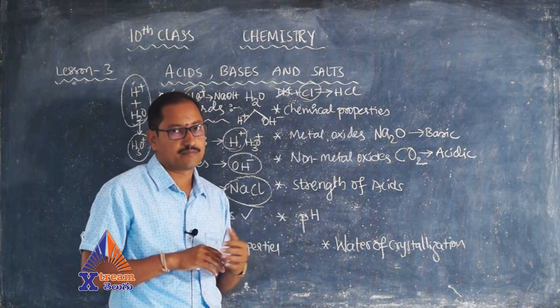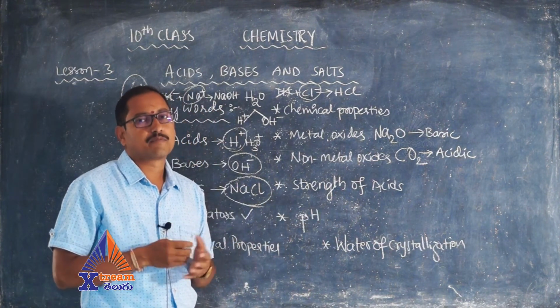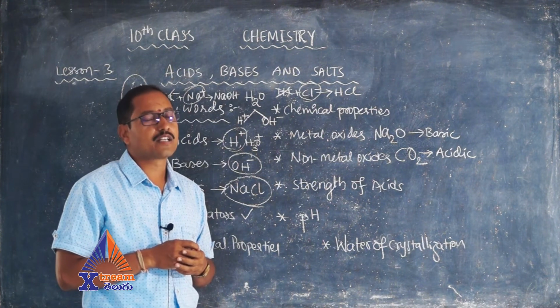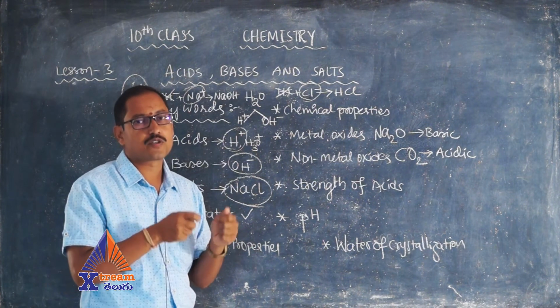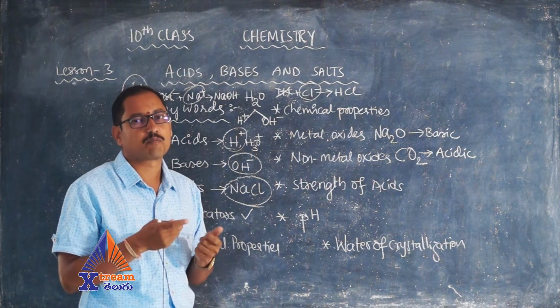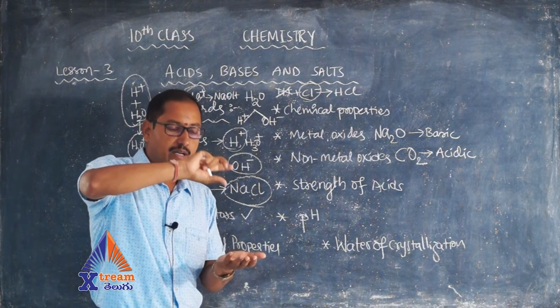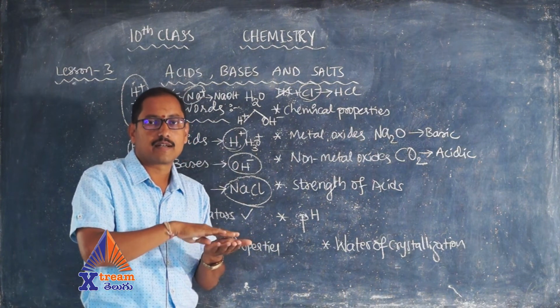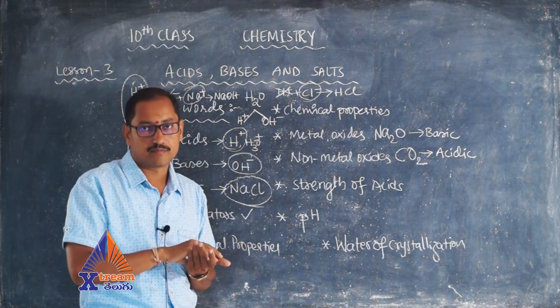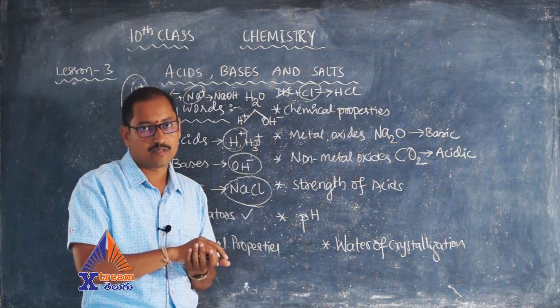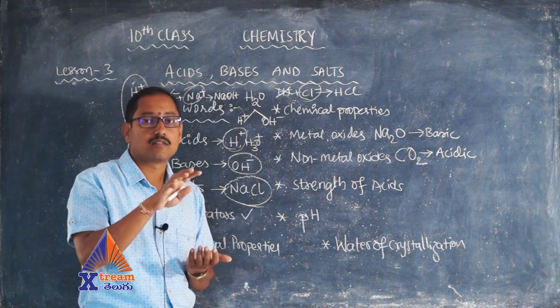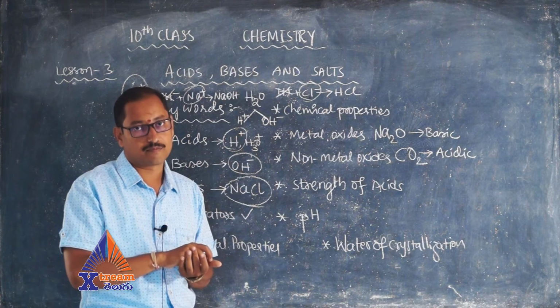Strength of an acid. You might have heard words like very strong acid, weak acid or mild acid. If we pour acid on our palm, our entire palm is going to be burnt, damaged. Some acids are that strong, that damaging.